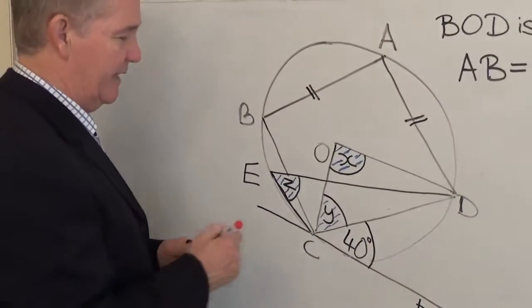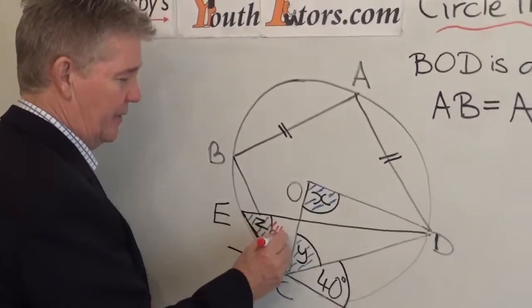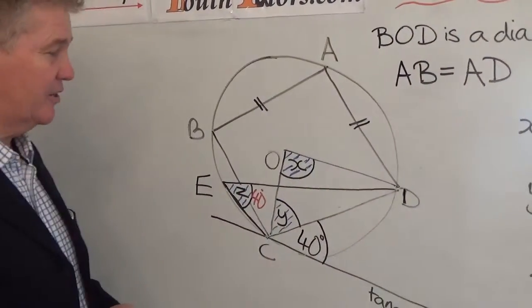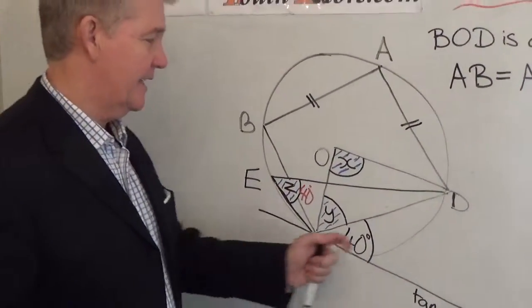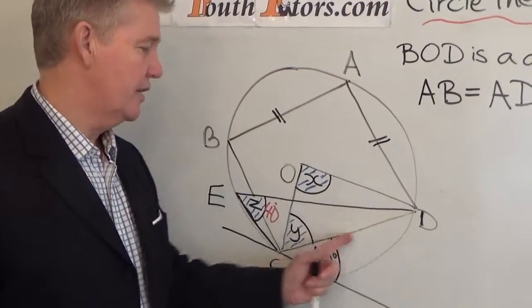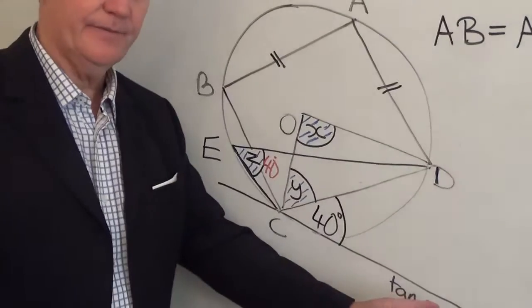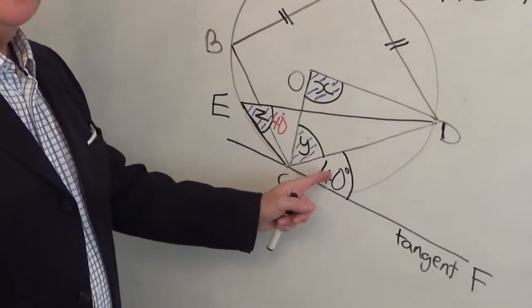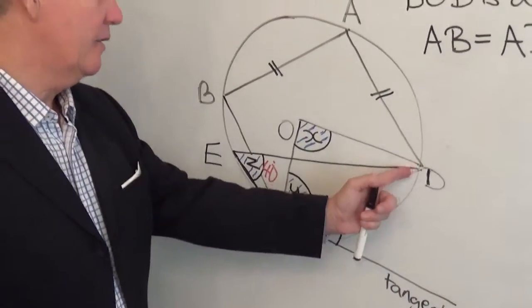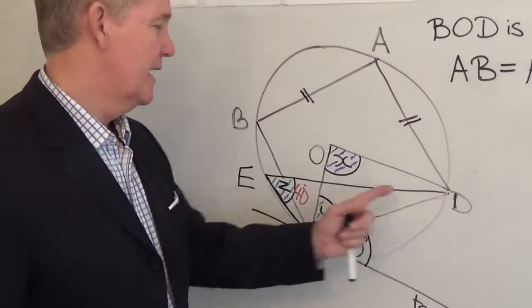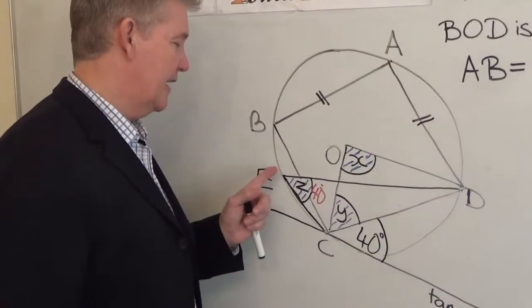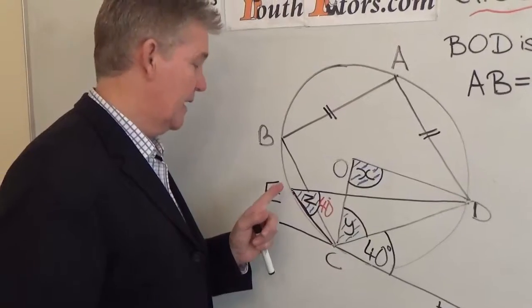Now I'm going to repeat that for you because nearly everyone finds that quite tricky. The angle between the chord, in this case CD, and the tangent CF, that's 40 degrees, is equal to the angle based on the same chord subtending an angle at the circumference.